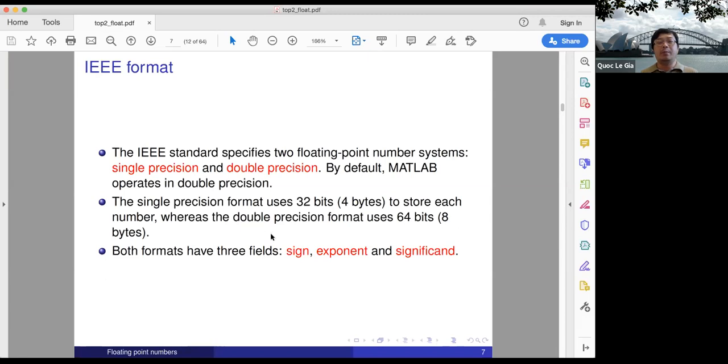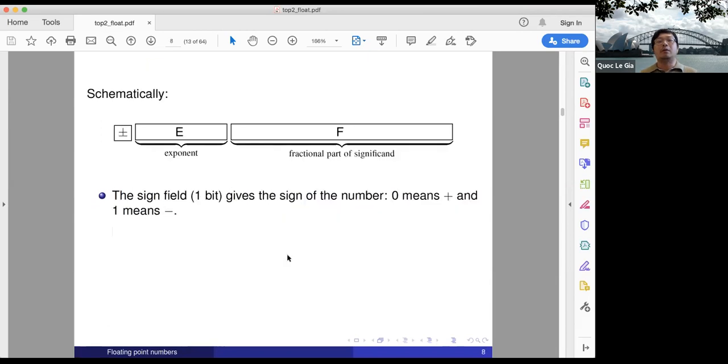So now we will look into the floating point number system more clearly. The structure looks like this. You see 64 bits, or 32 bits, will be divided into 3 parts. The first part is just 1 bit, and this bit gives you either plus or minus, so it's a negative or positive number.